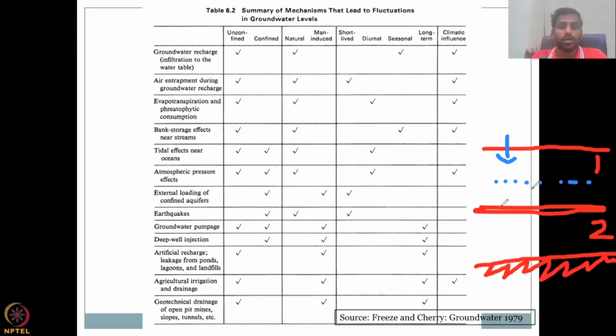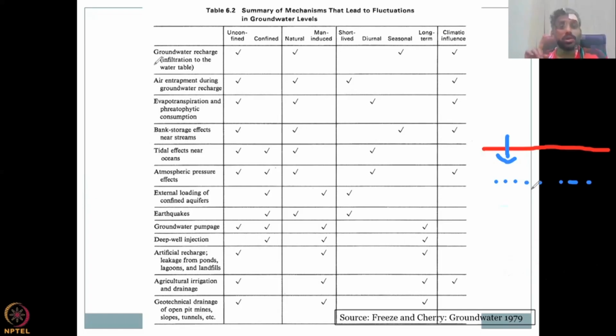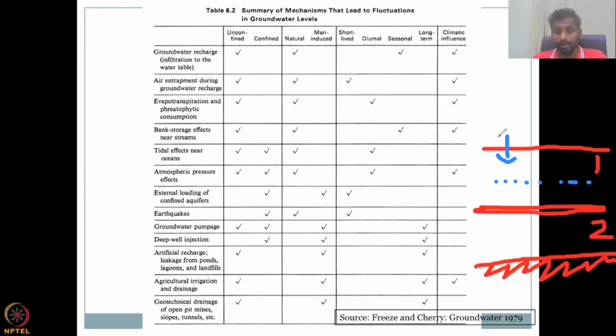So let's move on to the first, the groundwater table. The groundwater recharge moves through from rainfall or some other water applied like irrigation. You have a tank which is leading into a canal irrigation, or just water flowing on top. Water can irrigate, like gardening, etc. Right? So that water can infiltrate into the ground and raise the water level.